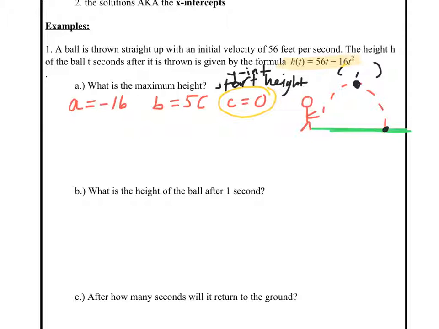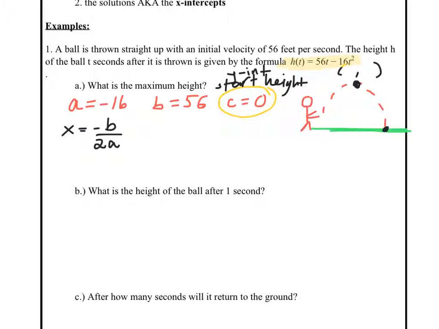Okay, to find the maximum height, you've got to find the vertex. Same way we found the vertex before. That should say 56, by the way. How do I find the axis of symmetry? X equals negative b over 2a, which is part of the quadratic formula.